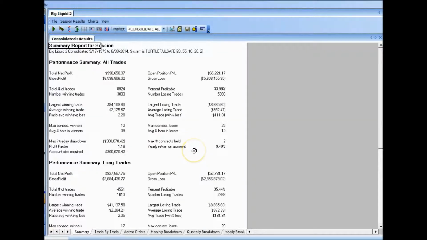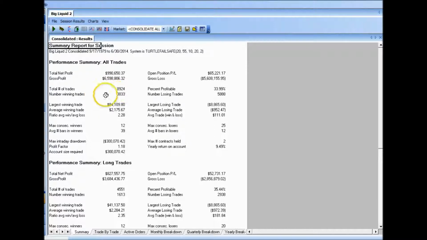And again, we're only trading the strategy one contract at a time. We're not employing our money management algorithm just yet. And given that it's testing 31 different markets, this usually takes a minute just to build up all these reports.